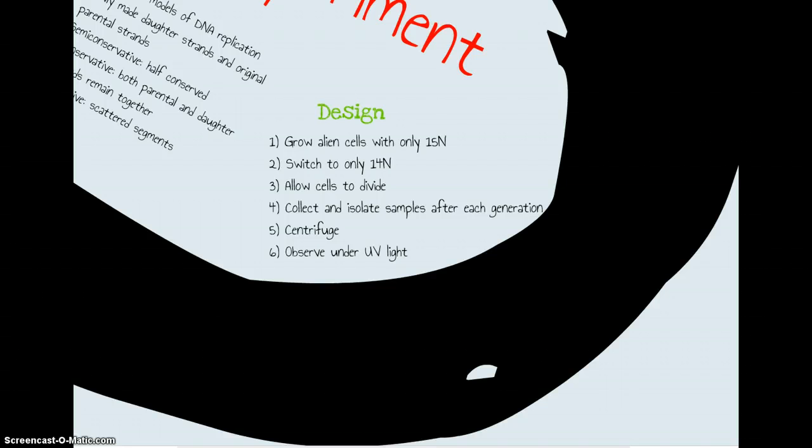After this entire experiment was performed, you would be able to tell if the DNA was from a specific generation, if one was from the parental and one was from the daughter. So you could tell, once you put the DNA strands together, if both strands are from the parents or from the daughters, or if one is daughter and one is parent, or if they're dispersive, like we talked about. So you could tell semi-conservative, conservative, or dispersive.